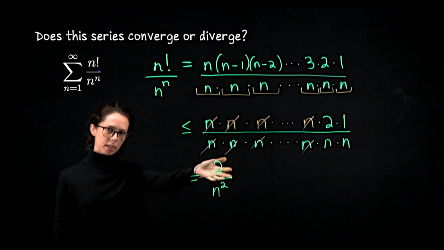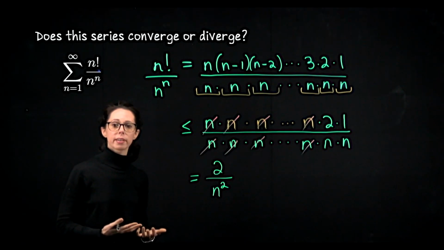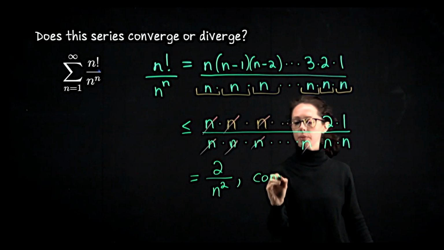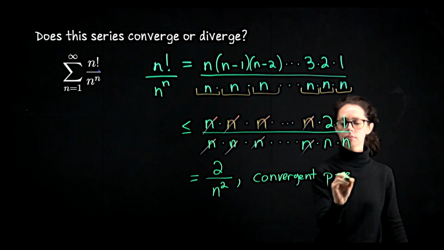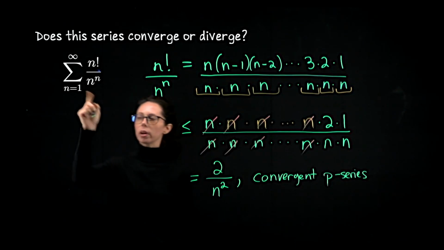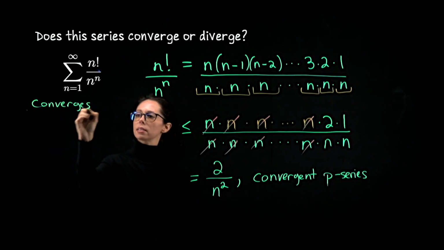The 2 is just a constant multiple. This is twice 1 over n squared, which is a convergent p-series. So I'll write convergent p-series. So that means that our original series converges by the ordinary comparison test.